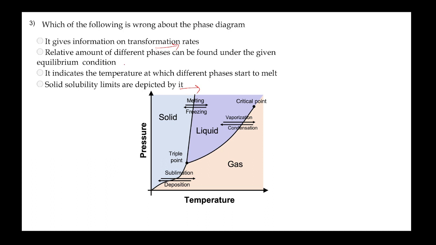But the relative amount of different phases can definitely be obtained, because you can say whether it is pure solid or pure liquid depending on the condition. It indicates the temperature at which different phases start to melt. Yes, obviously, because this region shows from which point melting will start. So this is obviously obtained from this graph.